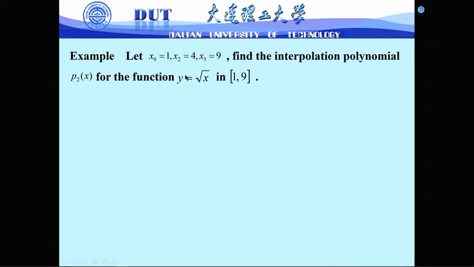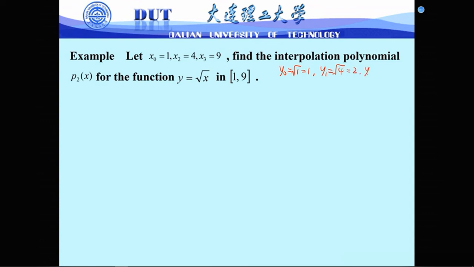When x0 equal to 1, y0 equal to square root of 1, it is 1, right? And y1 equal to square root of 4, so it is 2.